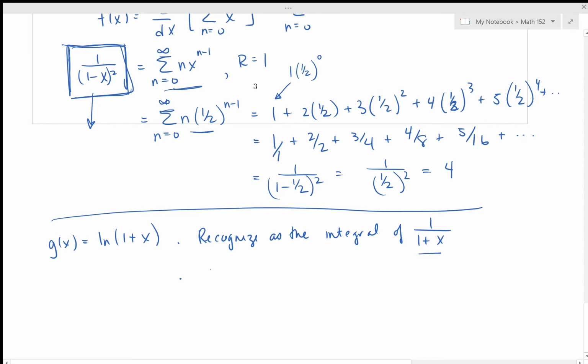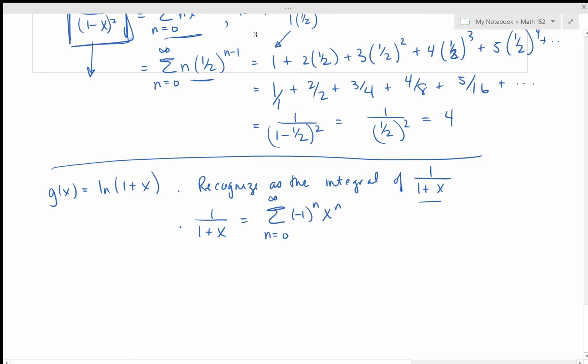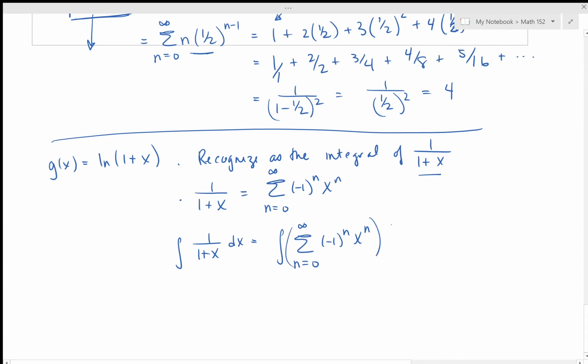So we already know that 1 over 1 plus x is equal to this sum here, n equals 0 to infinity, minus 1 to the n, x to the n. Then I can simply integrate on both sides. Then the integral of 1 over 1 plus x dx is equal to the integral of the sum from n equals 0 to infinity of minus 1 to the n, x to the n, dx.